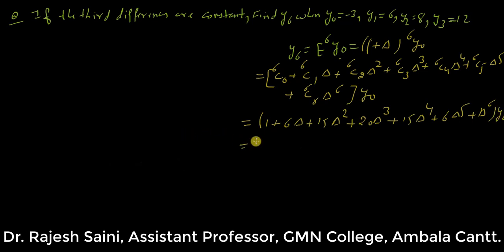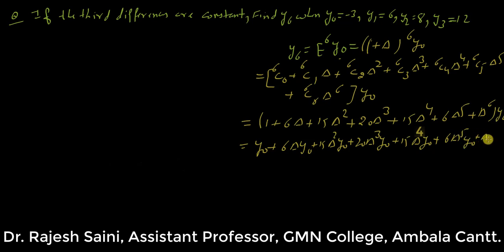Now this will go inside. So we need these values, and it can easily be solved. Fine. So now we'll find these values by forming the table. So this is the formula expressing y6 in terms of leading term and leading coefficients.